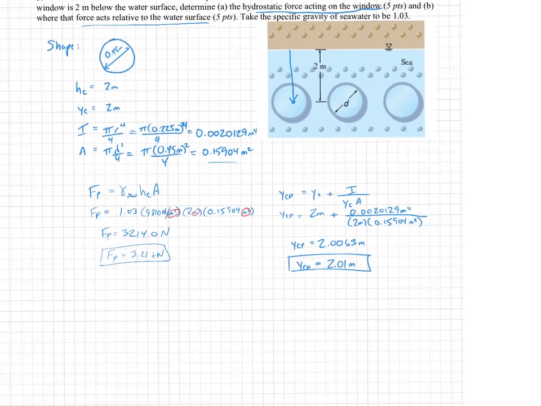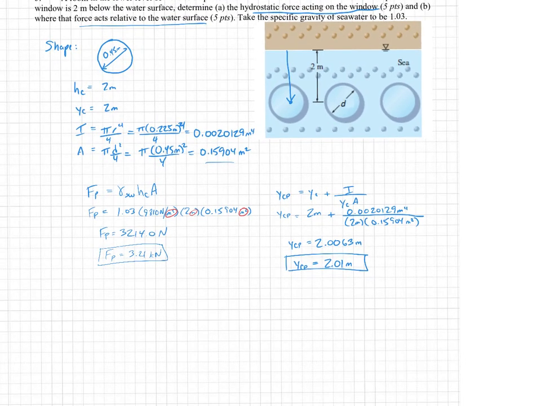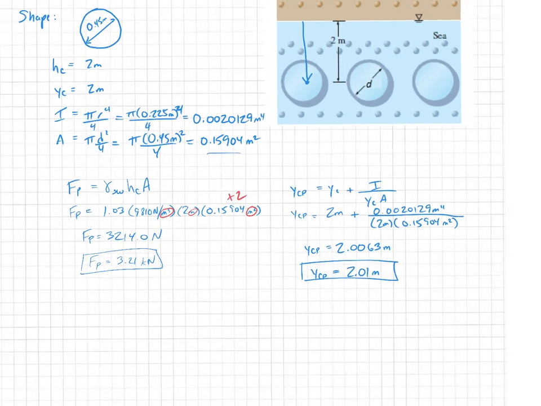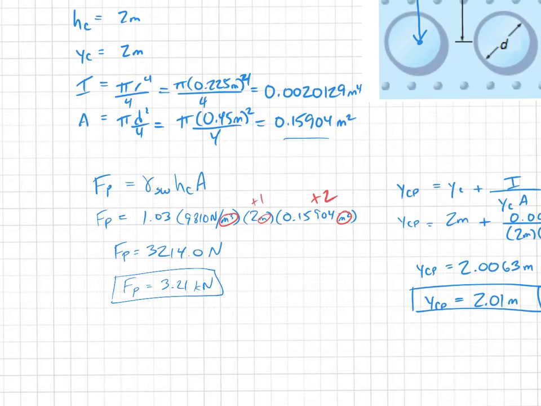All right, so how would we grade these? Each one of these is worth 5 points, so we need to figure out 1 point for each of the things in this. We'll make this area worth 2 points, this HC worth 1, and this density worth 2 points.